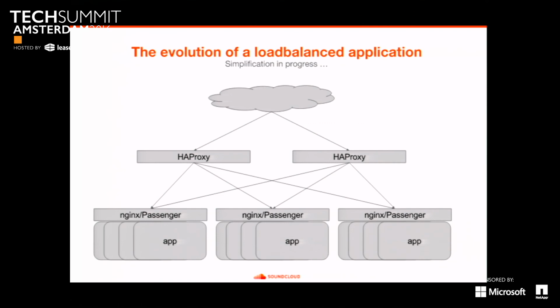So we also started using the same load balancing to load balance over load balancers, so we could eliminate IPVS from this part of the stack. We moved the Nginx onto the actual app servers, using Passenger. Passenger is a way to run either Ruby or Python apps basically inside of an Nginx process, and it manages these for you.